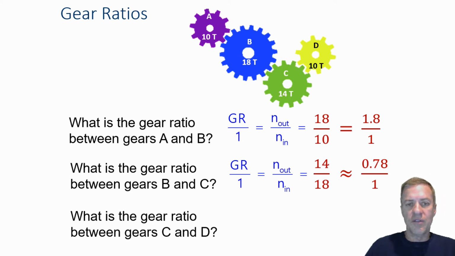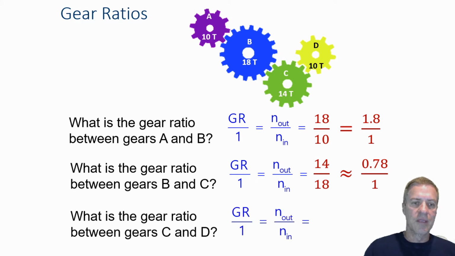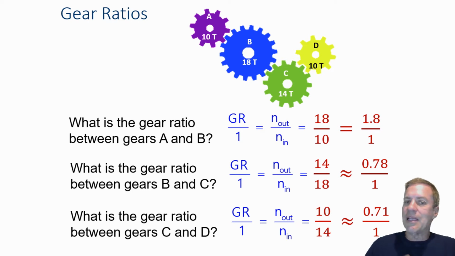So I've rounded this off to 0.78. That's why I've got little squiggly lines right there instead of equal, because it doesn't actually equal, but it's really close to 0.78. And then if we look at C to D, that's 10 divided by 14. And again, I rounded this one off because it was a fairly long decimal, so it's approximately 0.71 to 1.